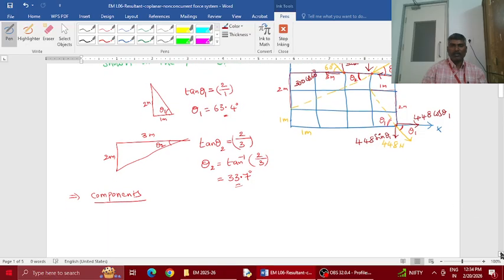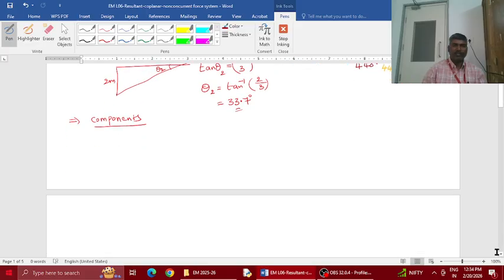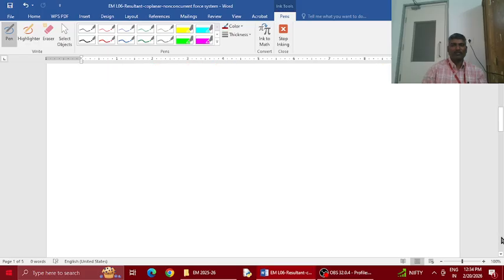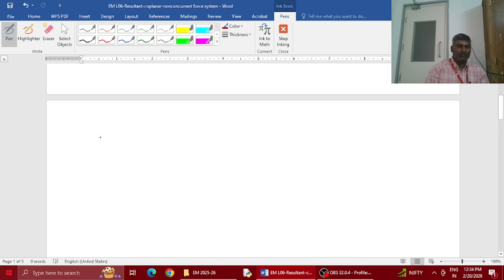I'll now write the components in the form of a table, for better working. I take the first column as force, then Fx values, then Fy values, meaning x component and y component. Let us first write the force, say 448 Newtons.